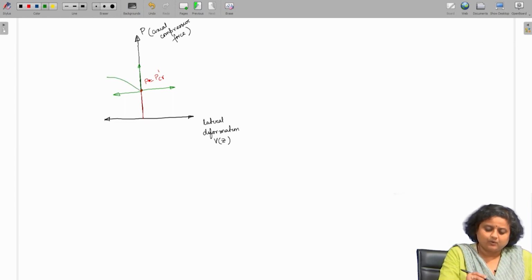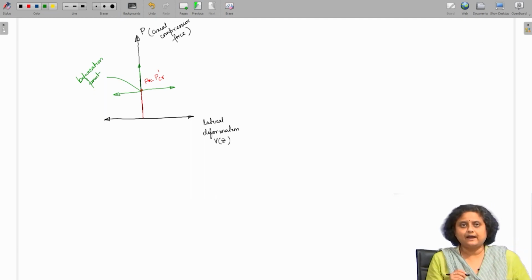Therefore, this point is called the bifurcation point. Because at this point, when the applied load P reaches the P critical point, any of these three things can happen. The column can bend in the left direction, the column can bend in the right direction, and the column can remain undeformed as well.